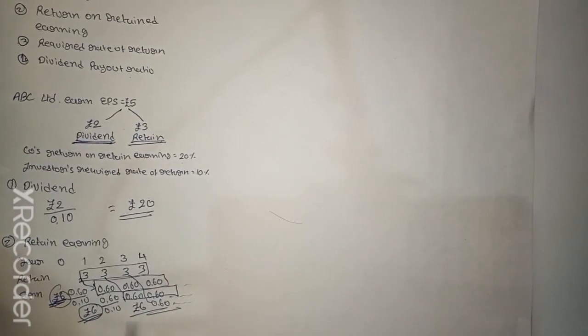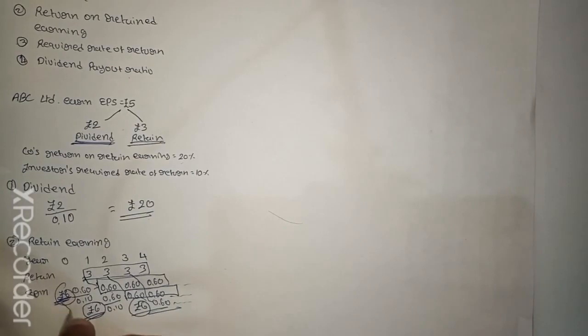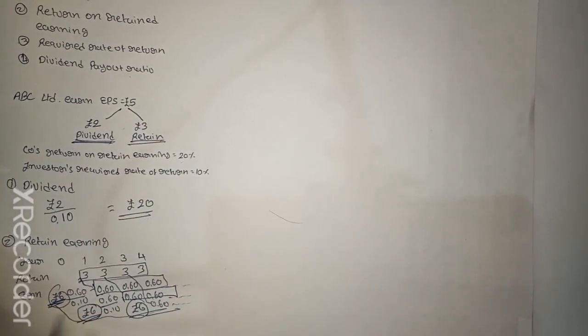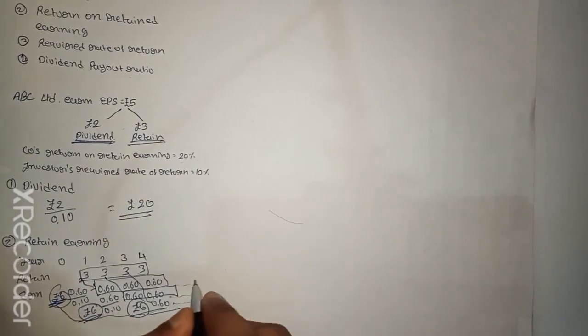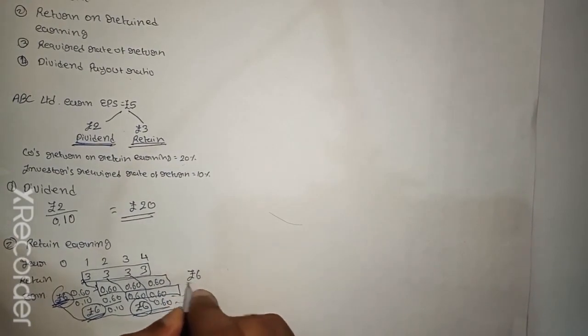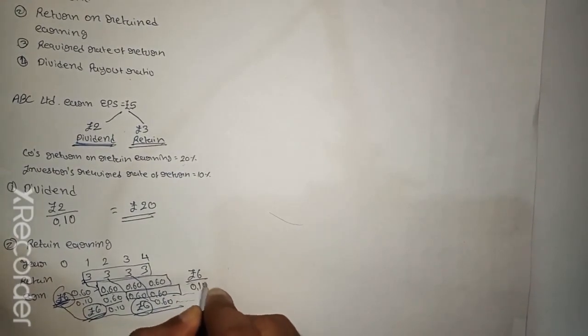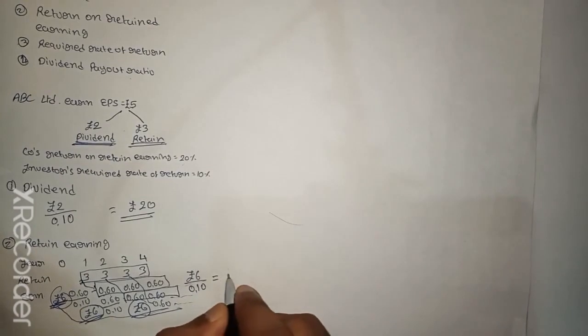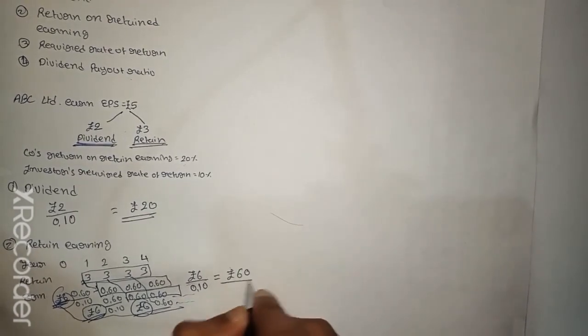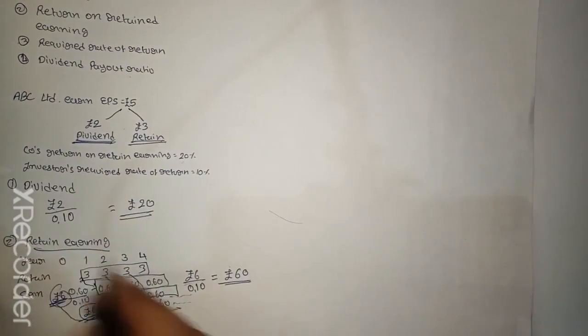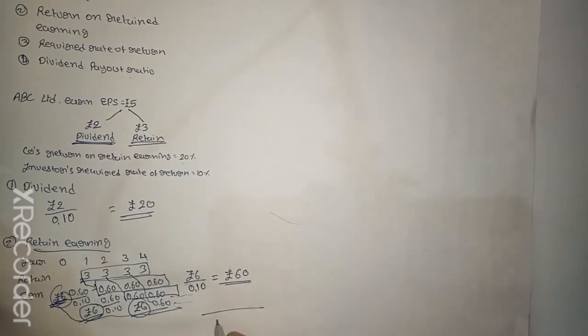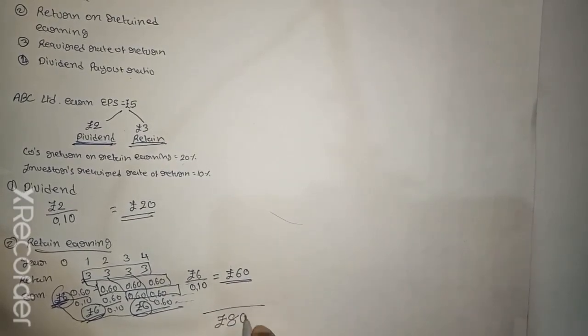Can we capitalize it also? So rupees 6 divided by the required rate of return 10% means rupees 60 for retained earning. So the total value of the share is rupees 80.